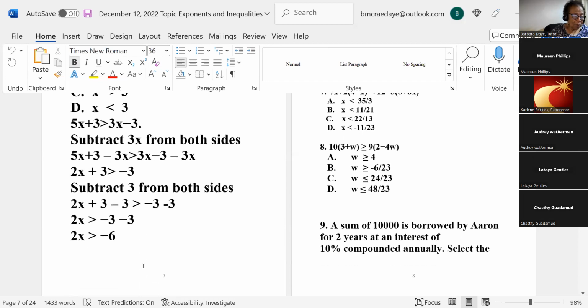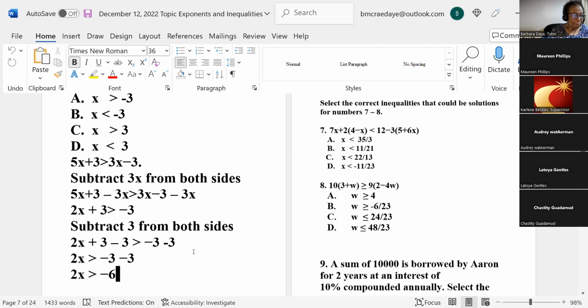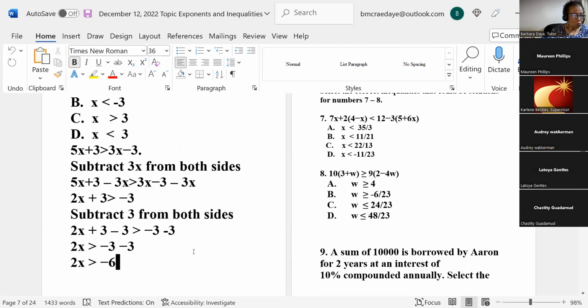What's your next step, Audrey? 2x greater than negative 6. You want to just get x by itself. So what do you do? Divide.